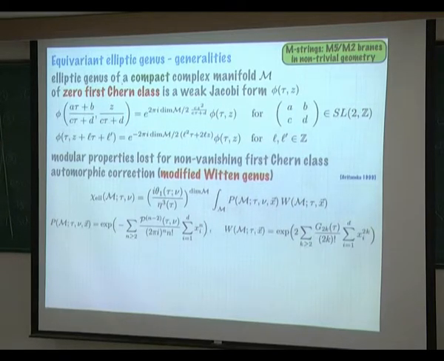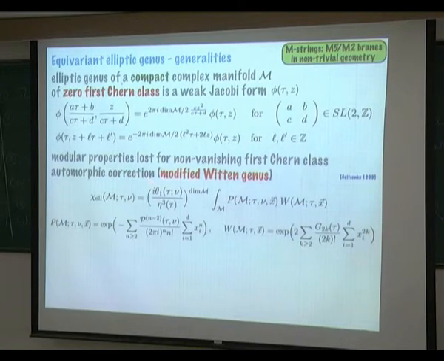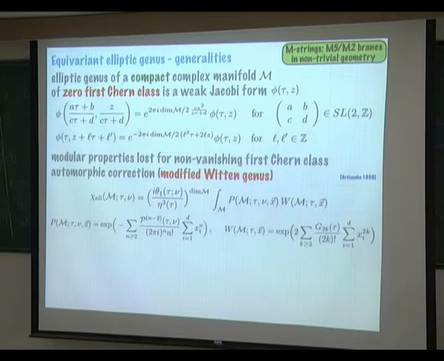So that quantity is no longer modular. However, by Gritsenko, an automorphic correction was introduced, which he termed the modified Witten genus. So it's defined in this way. So theta_1 here is the real theta_1 function. You have this prefactor, and then you have an integral over M of these two factors, where the x are just the Chern roots I had introduced on the previous slide.